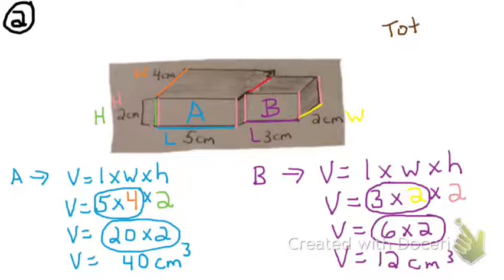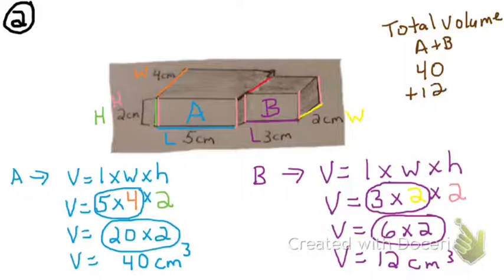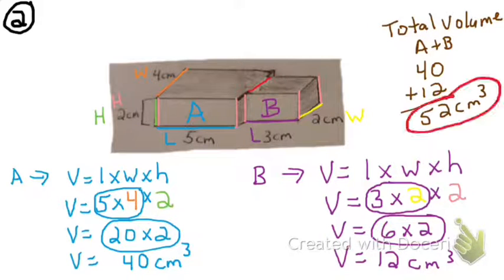In order to find the total volume, I need to add together A plus B. Well, A is 40 centimeters cubed, plus B is 12 centimeters cubed, and 40 plus 12, let's see, 0 plus 2 is 2, 4 plus 1 is 5, so that's going to be 52 centimeters cubed, and that's my total combined volume for number 2.